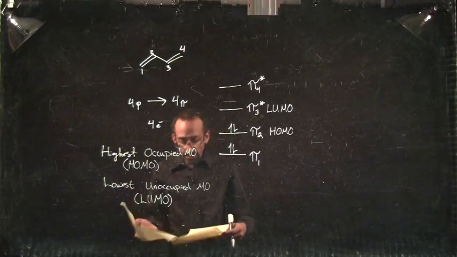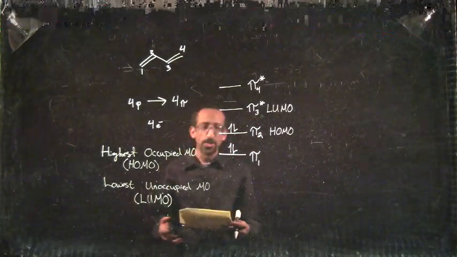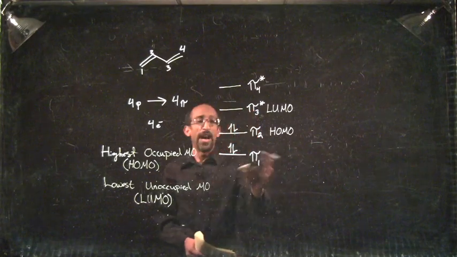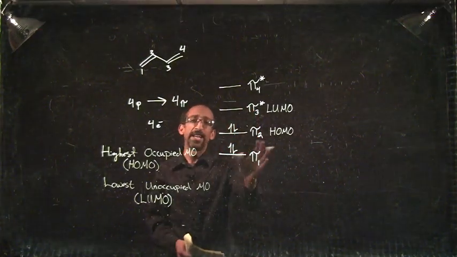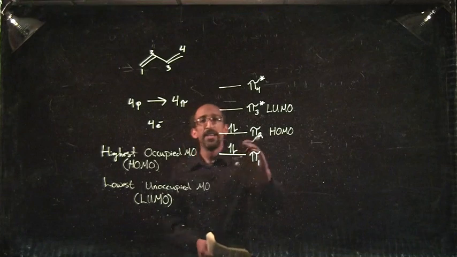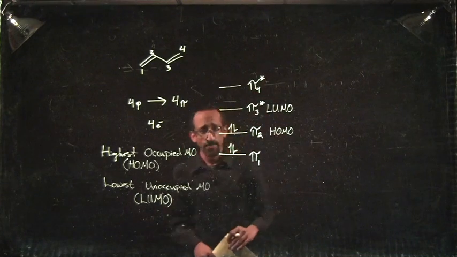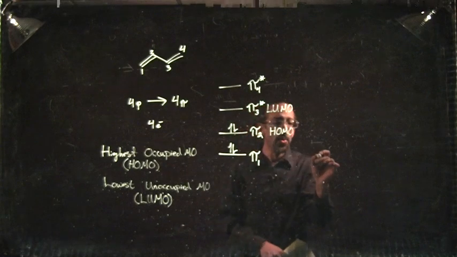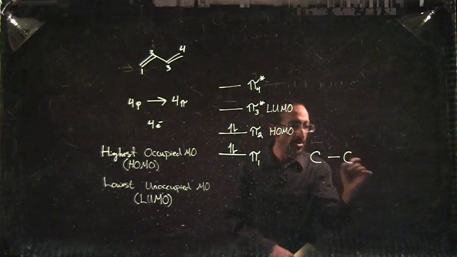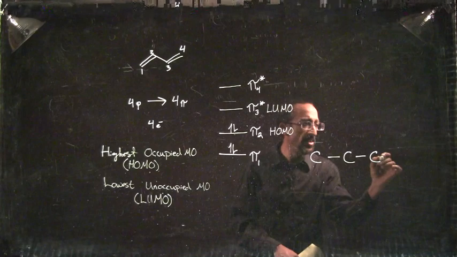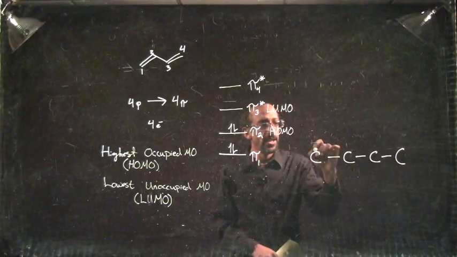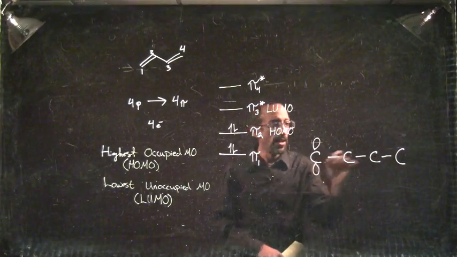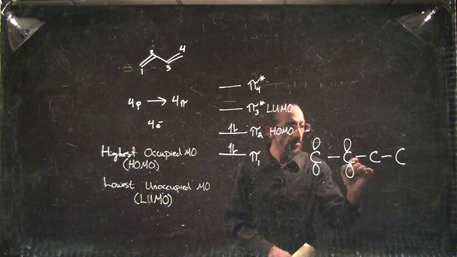All that's really left is for us to draw a graphical representation of what the bonding and anti-bonding interactions in each one of these orbitals is. So let's go ahead and do that. We start off with pi 1, which has 1, 2, 3, 4 carbon atoms, each donating a p orbital.